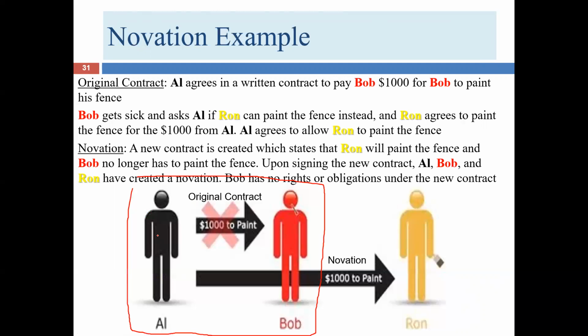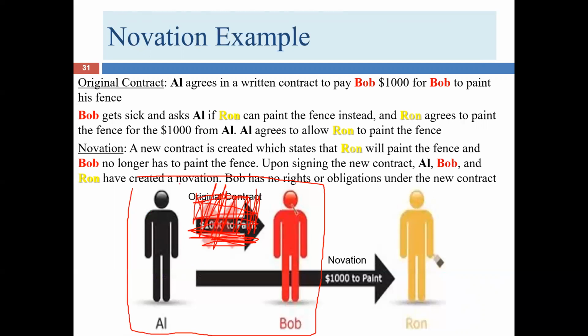I'm okay with that. Bob, you're not able to perform the contract, so what we'll do is we'll just make this contract go away. It's like it never even happened. Bob, you have no obligations anymore. We're tearing up this contract. I don't have any obligations to you. You don't have any obligations to me."